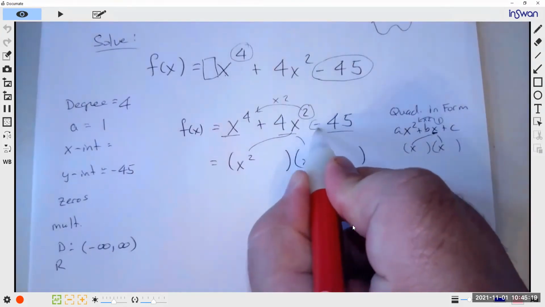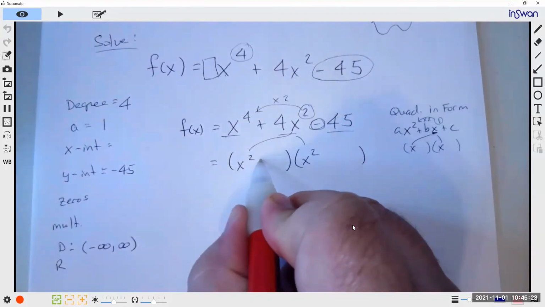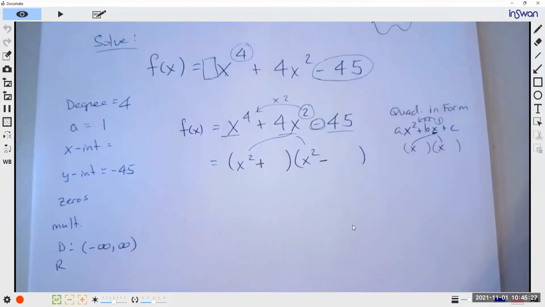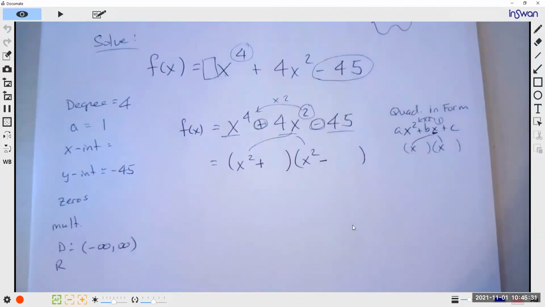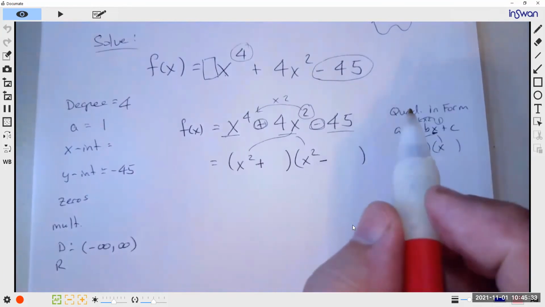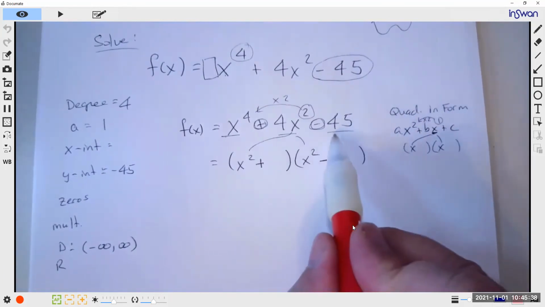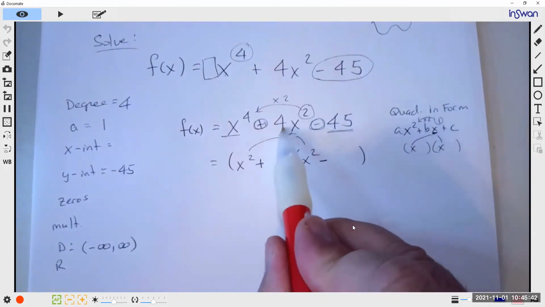Look at the second sign. It's a minus. Since it's a minus, that means the signs have to be different. The bigger number gets a plus. So what times what is 45, and when you subtract them, you get 4?